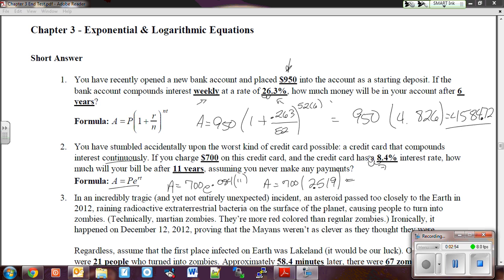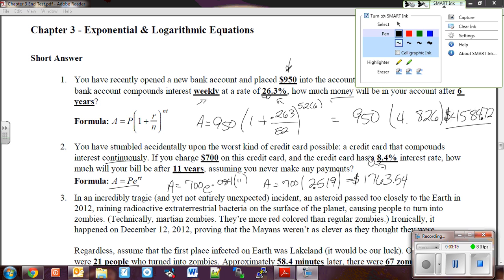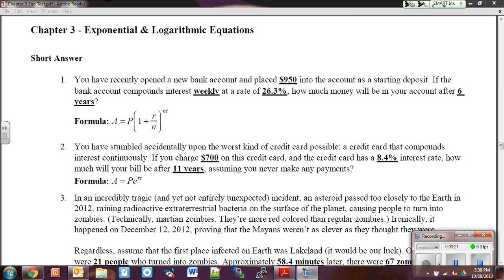And you take that, multiply it by 700, and you get 1763.54. Now, you might be wondering why when I ask you to round, I say 3 decimal places, but here I'm only rounding to 2. It's because this is money. All right, money wouldn't make sense to round to anything other than 2 decimal places. All right, so there's the first 2. Let me clear this and move on.